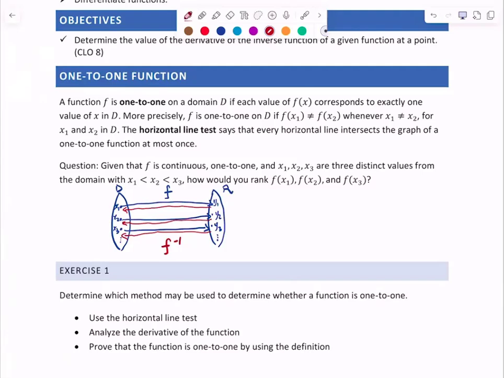Let's just do one example. What if it's not one-to-one? Let's do x squared as an example. So I have 2 gets assigned to 4, then -2 is assigned to 4 as well.